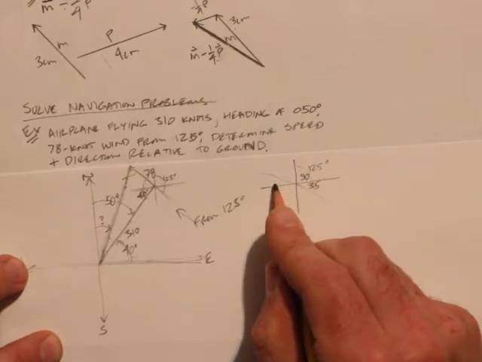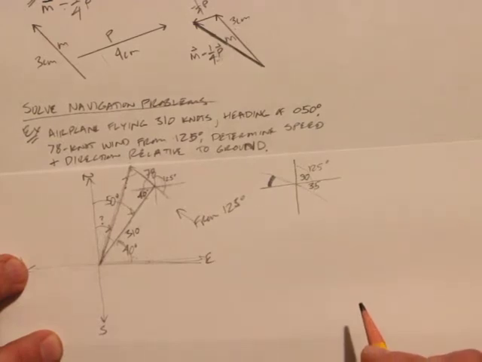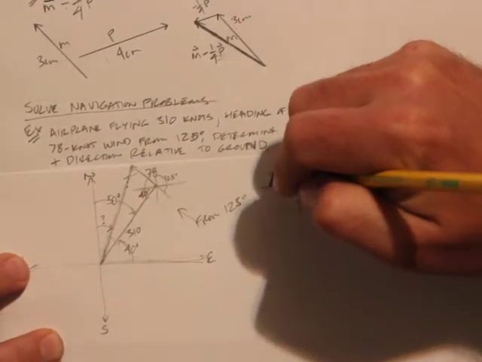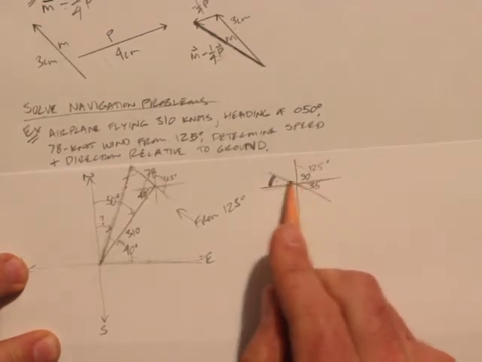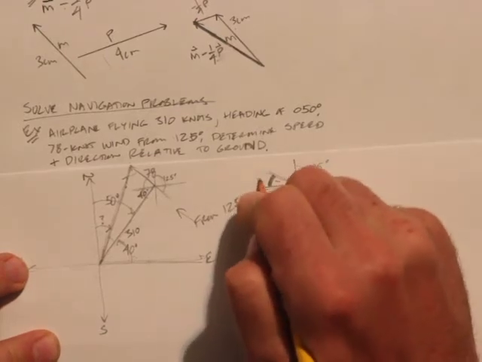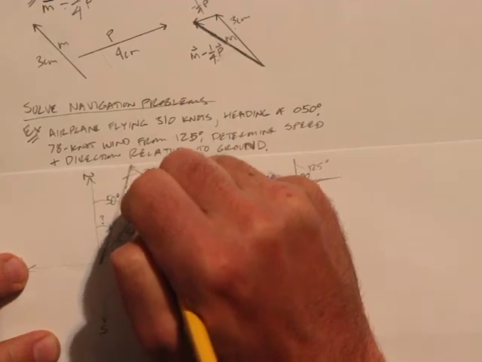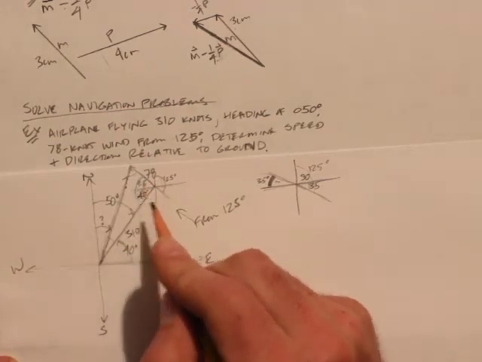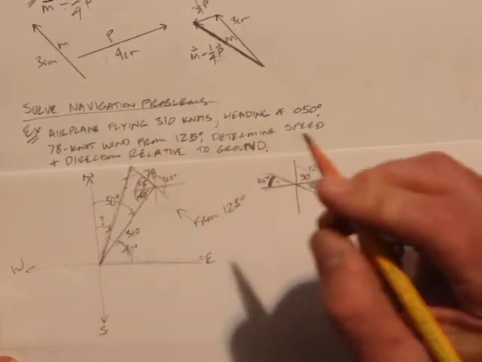I want to figure out what this part is. If I look at this line and this line, these are vertical angles, so this is 35 degrees. So this piece right here is 35 degrees. So this whole angle is 40 plus 35, which is 75 degrees.